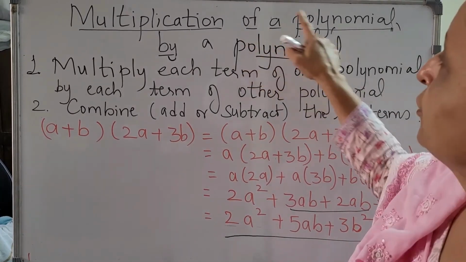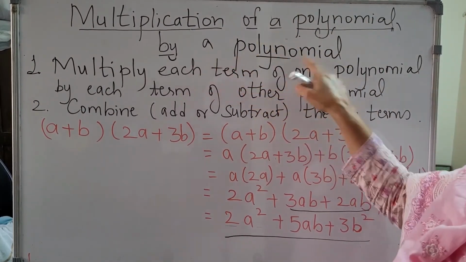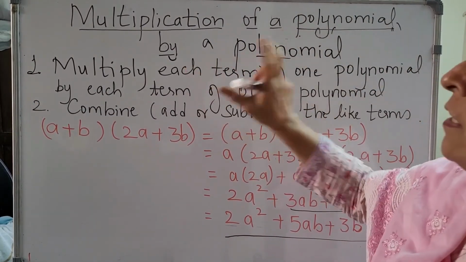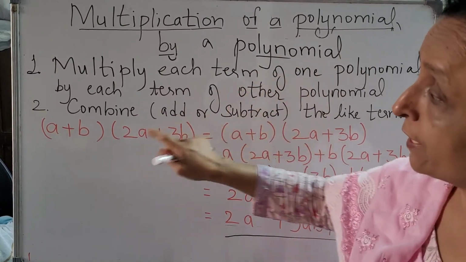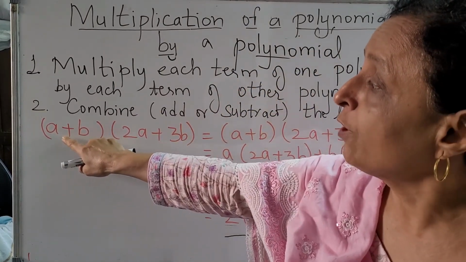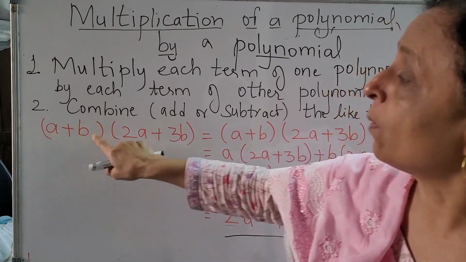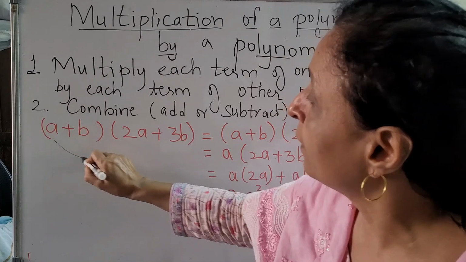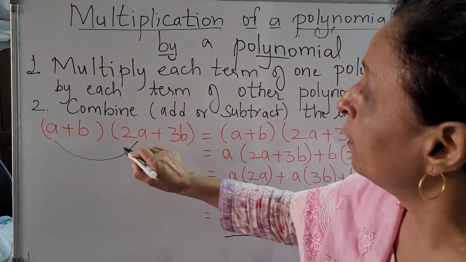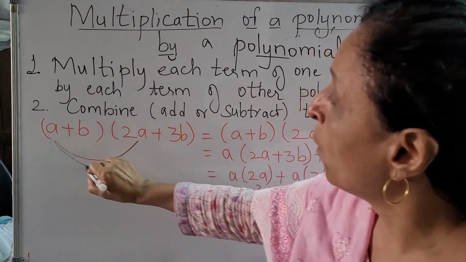Now, multiplication of a polynomial by a polynomial. Here, the same way you did for the monomial, you have to do in the same way: take each term, like a, and multiply by this polynomial fully, one by one.